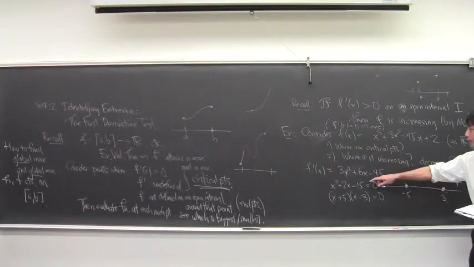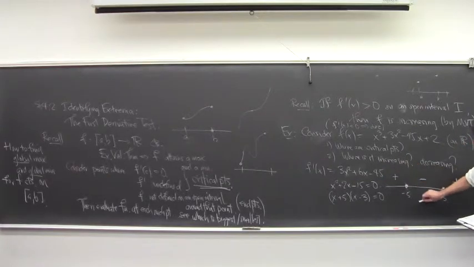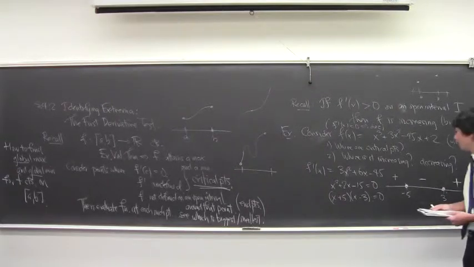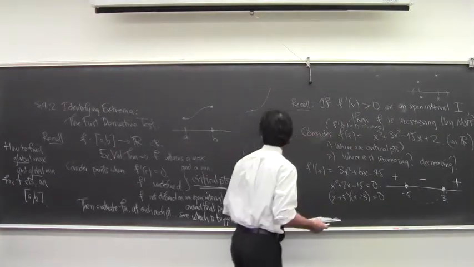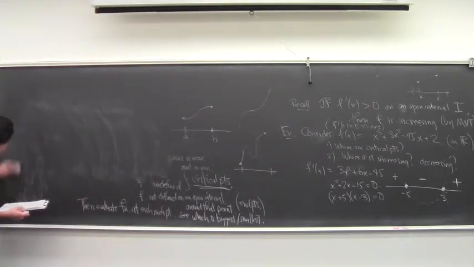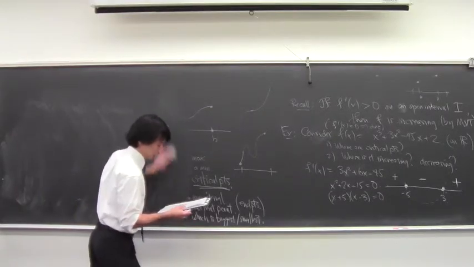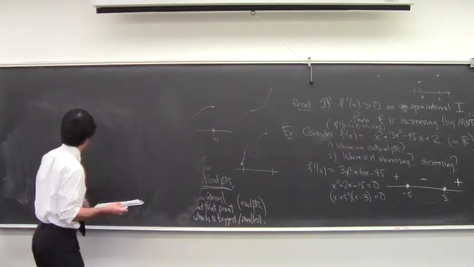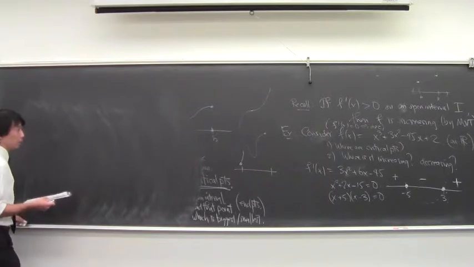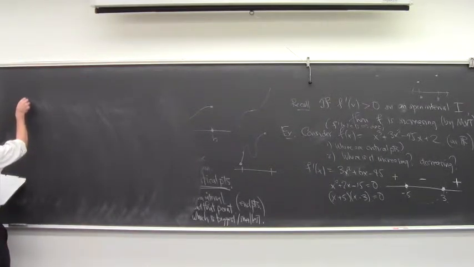Or you could use your knowledge of the parabola. This is clearly an upwards parabola, so it's positive, then negative, then positive. So what does that tell you? You get a few bits of information.